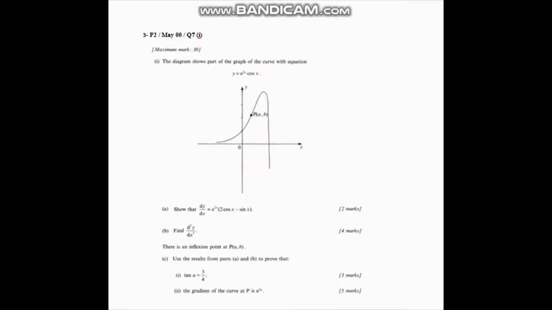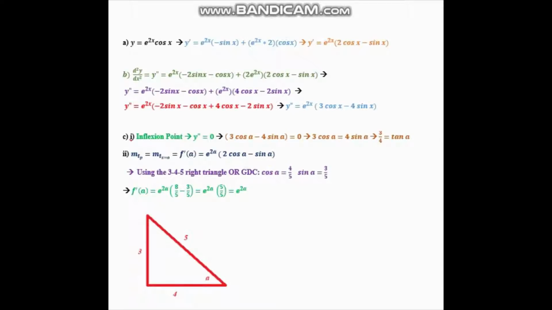Next, I need to prove that the gradient of the curve at P is e to the power of 2a. So the gradient at point P, which I shall call m of tangent at P, is the gradient at the point where x equals a.